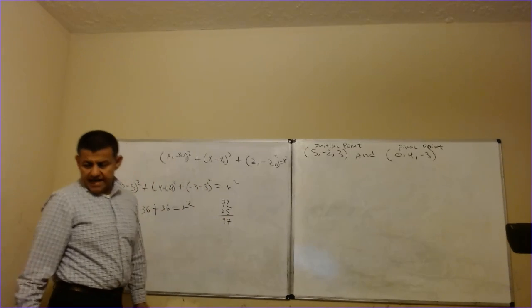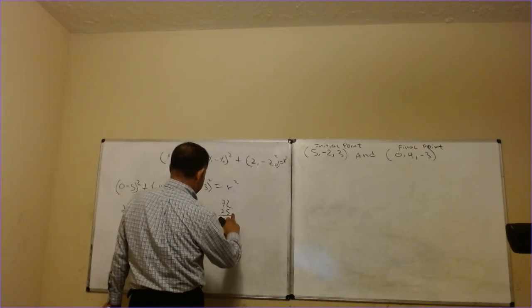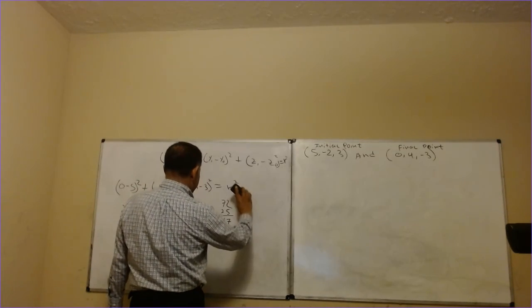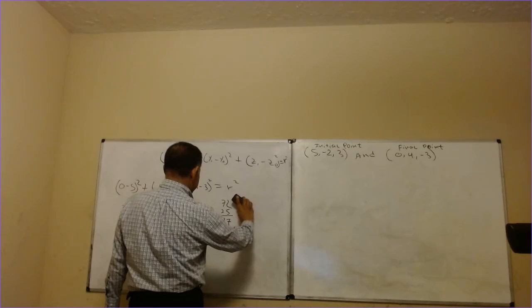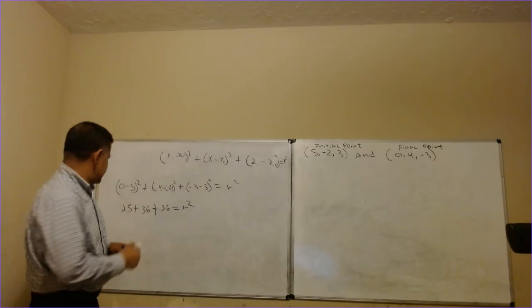So the square root of 97 is going to be the distance.